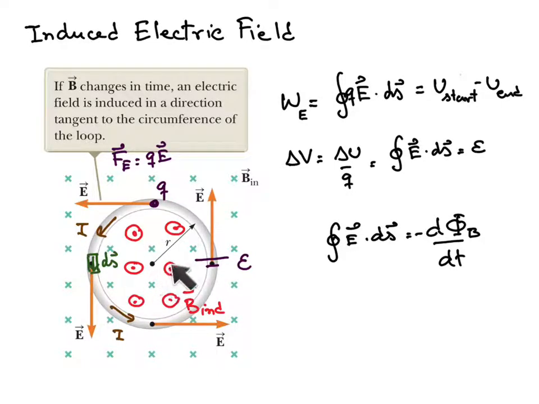So the induced magnetic field will point outward from the plane like this, which means that if we use the right-hand rule, the change of the external magnetic field induces the current in the counterclockwise direction like this.